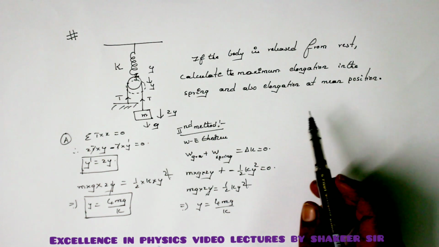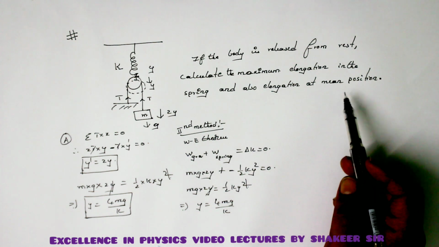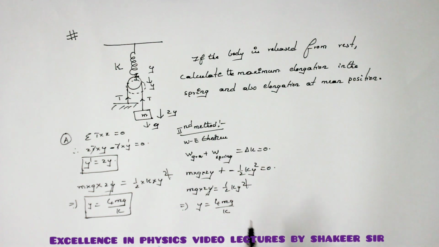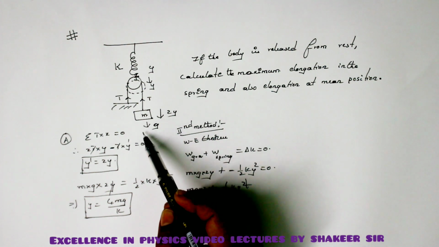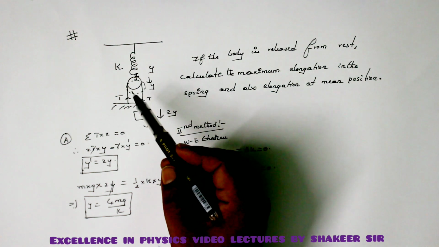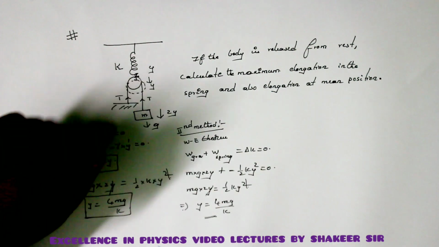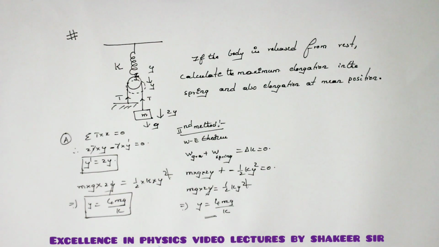Now we are supposed to find out what is the elongation at mean position also. So this elongation is definitely not the mean position. It is that position where total potential energy up to certain level of this body is converted into potential energy of the spring.